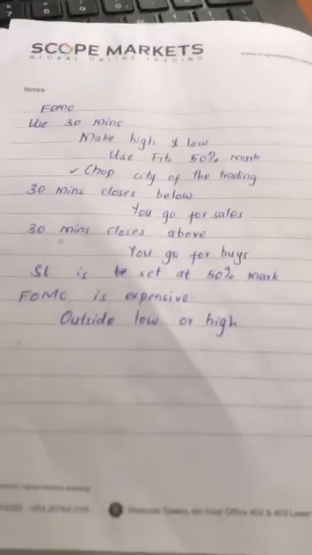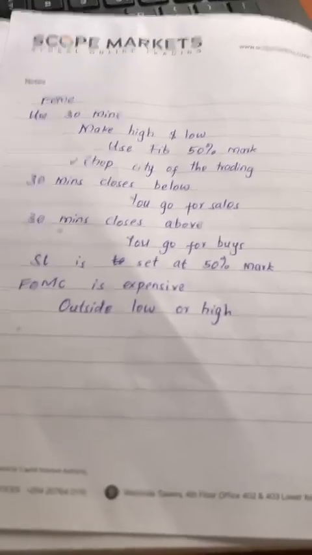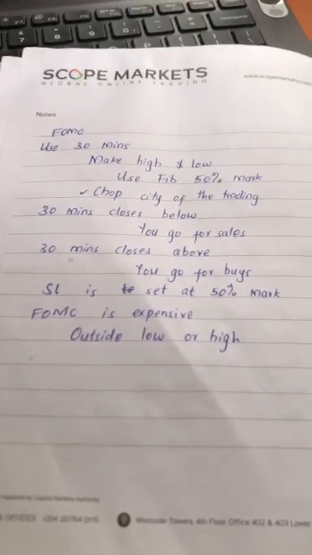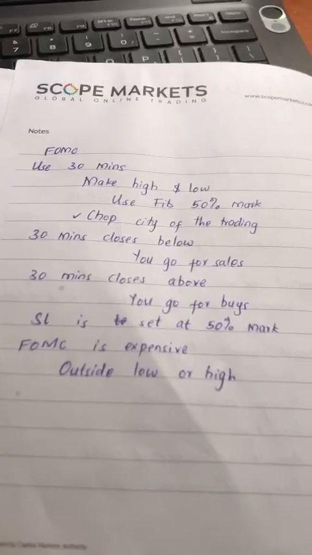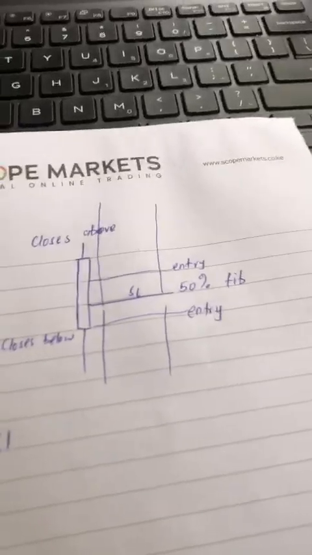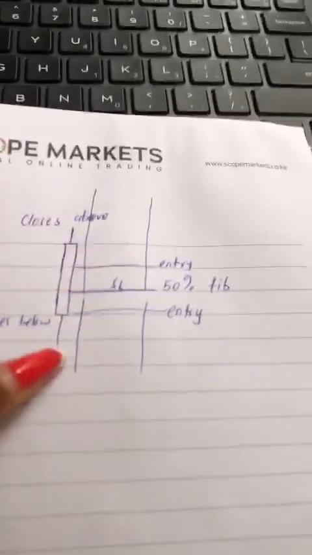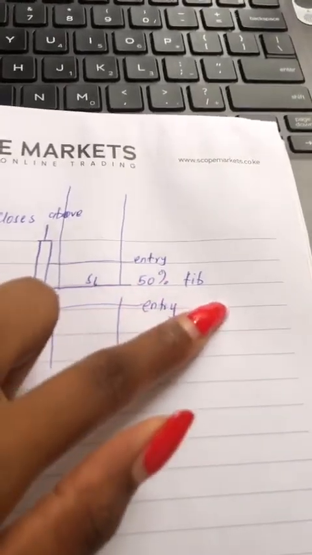Remember guys, trading FOMC is very expensive, so you need to be very careful with how you use your Fibonacci, and how you mark your lows and your highs. That is the highest price on your 30 minute candlestick and the lowest price on your 30 minute candlestick. This is just an example of what happens. This is how I personally trade FOMC. This is your 30 minute candlestick, you put your Fibonacci, and you have your 50% level here.